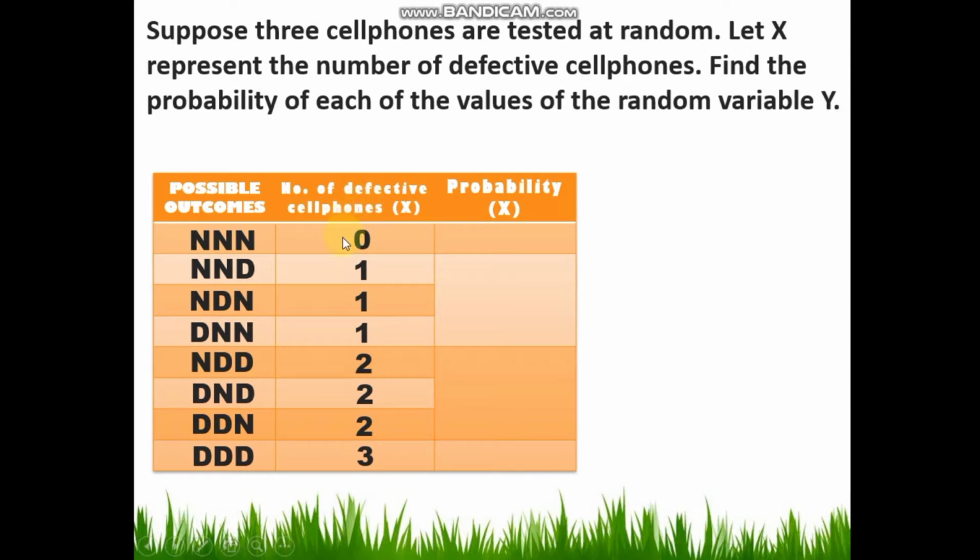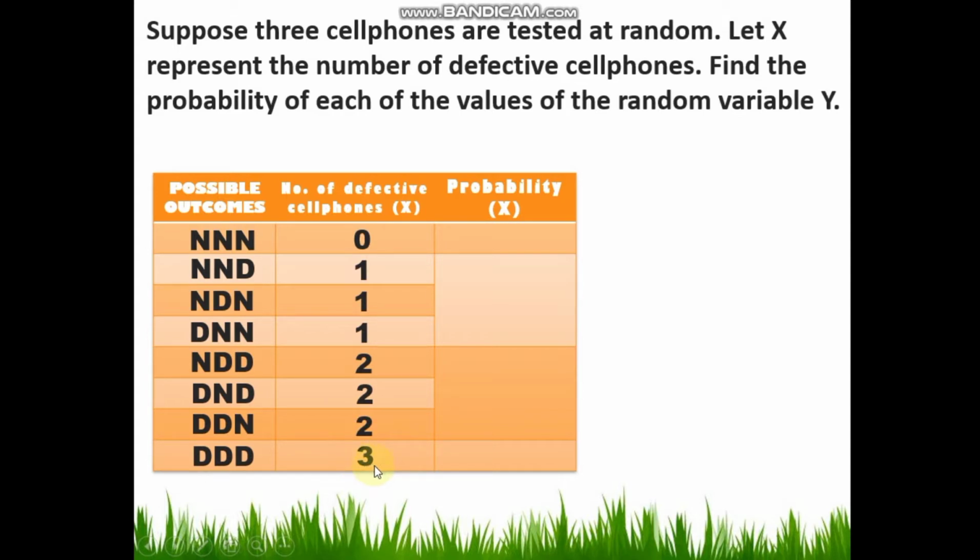So in outcome number 1, 3 not defective, so we have 0. Okay? So for outcome 2, two not defective and then 1 defective. So we have 1 defective. Alright? And so on up to 3 defective. So that's why we have here your 3.